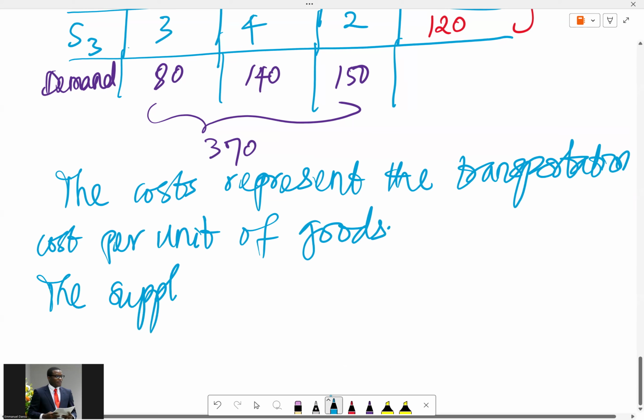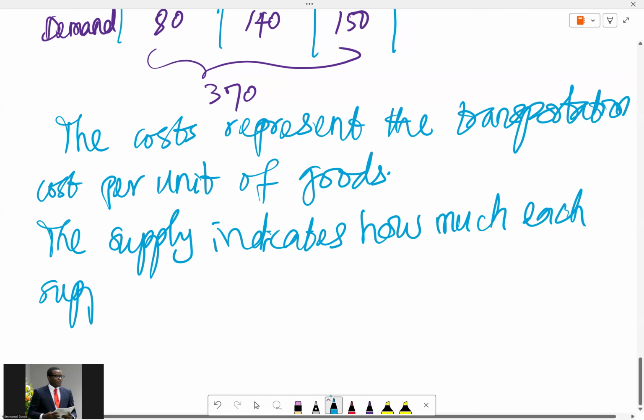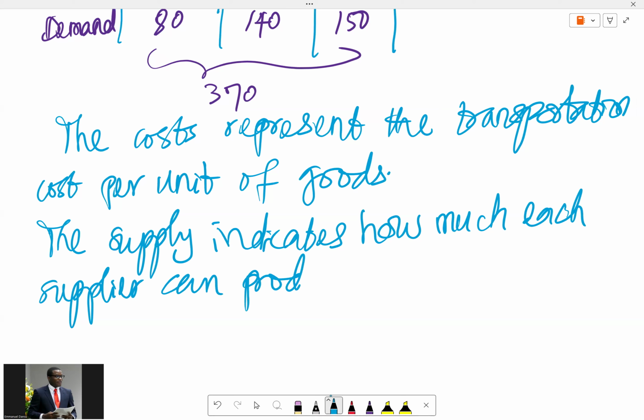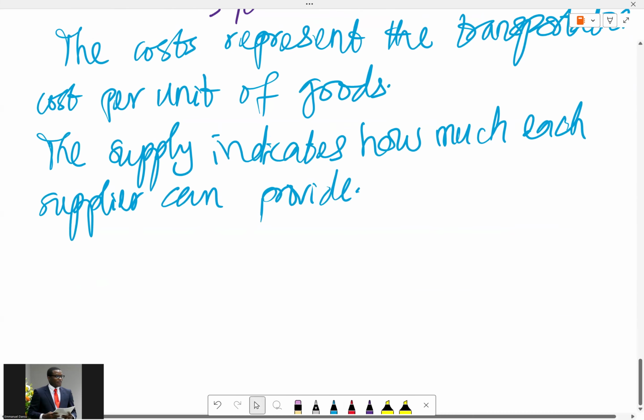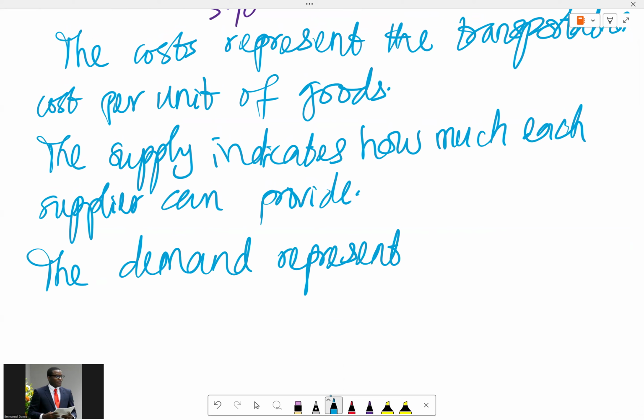The supply indicates how much each supplier can provide. And of course, we have the demand. The demand represents how much each consumer needs.